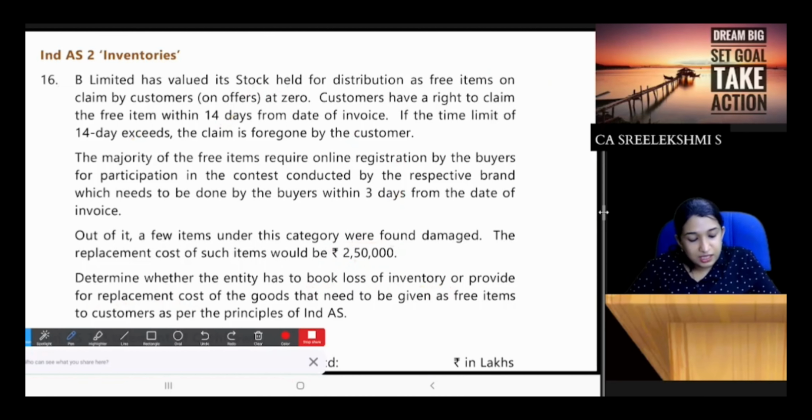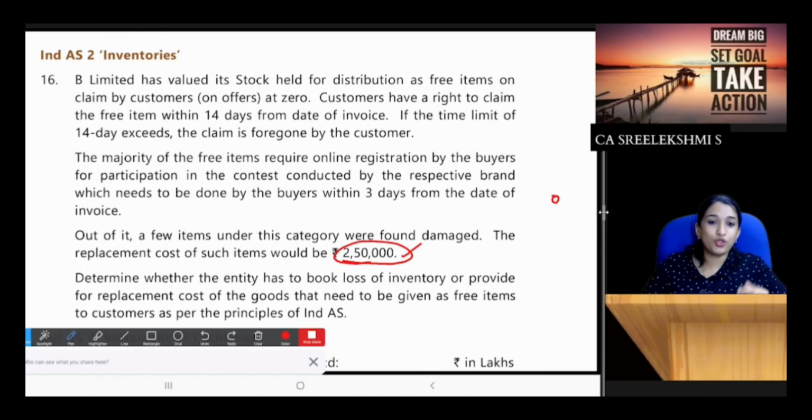See, whether they need to create a provision, because NRV is 0, right? To replace this, we'll incur 2,50,000. We have a present obligation to the customer because of a past sale, and we have to give these free samples. To replace this, we have a cost of 2,50,000.